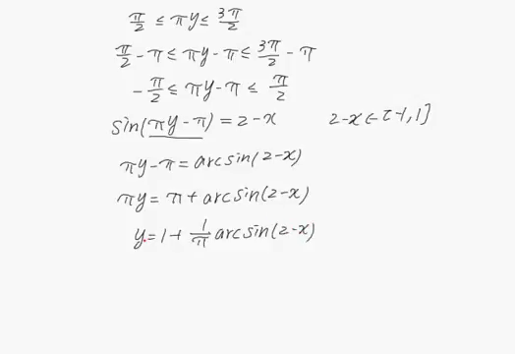Then finally, replace y by f inverse. So you have the inverse of f equal to 1 plus 1 over pi times arc sine of 2 minus x. And so by now we find the inverse.